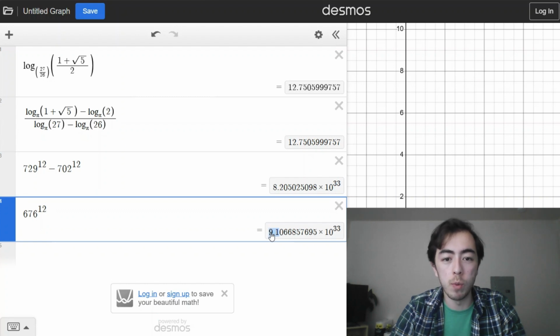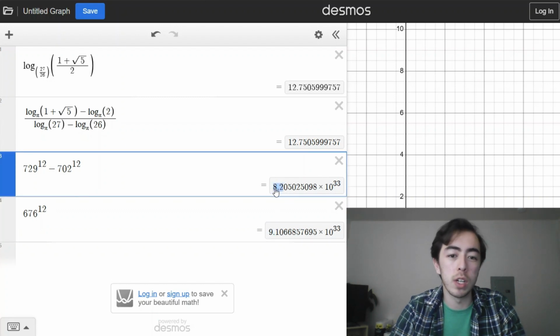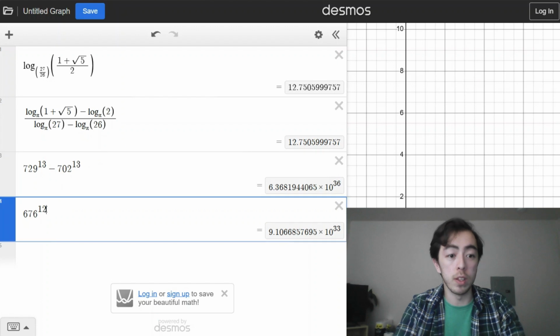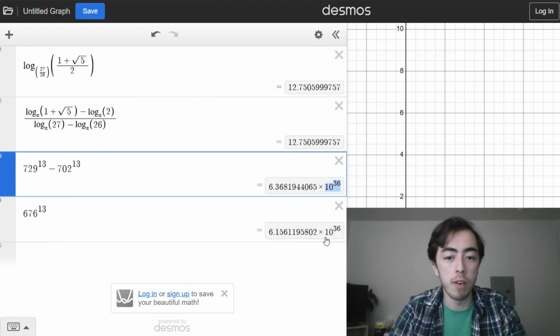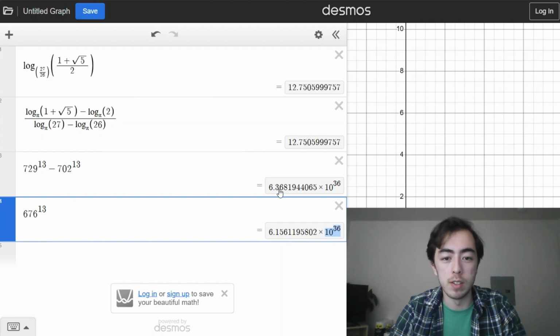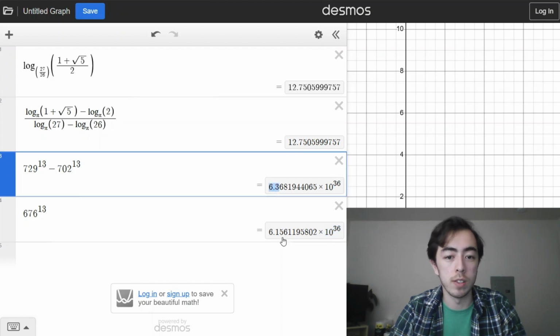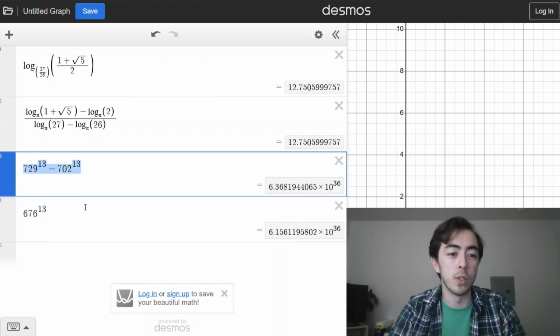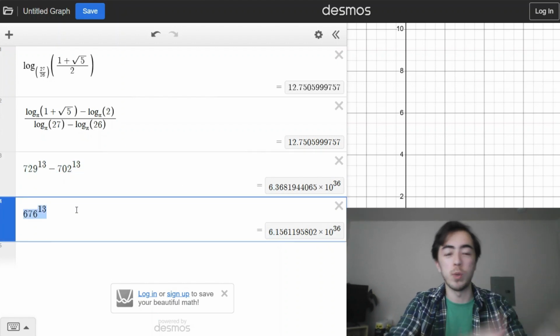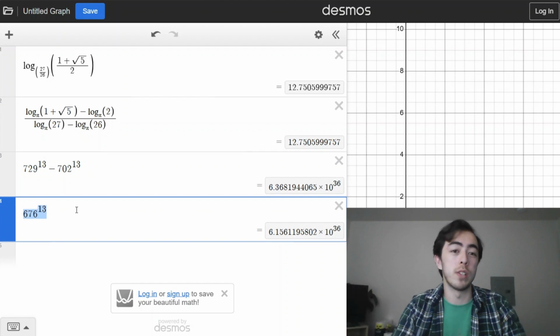But the 9.1 brings this just a little bit greater than the 8.2. And then when I make all these exponents 13, hopefully the top number is now greater than the bottom. They do again have the same rough relative size, but then we can see that 6.3 is greater than 6.1. Cool. So that also shows that once we flip our x from 12 to 13, we switch which side is greater.